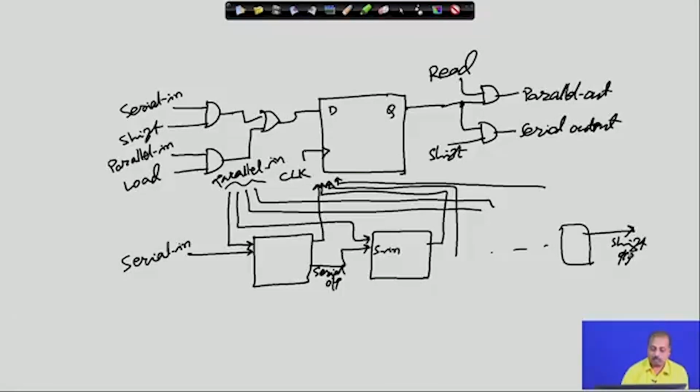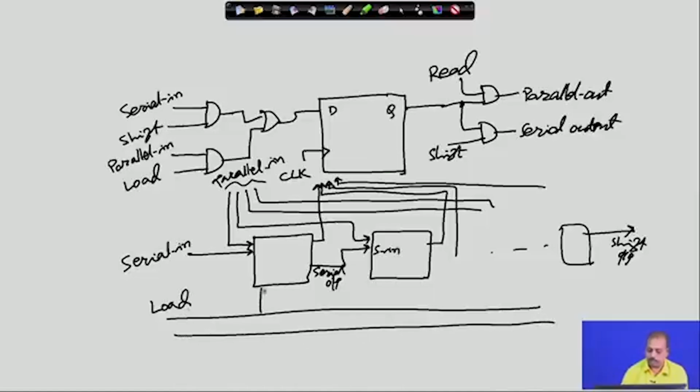Now, other controls like this load control and this shift control should be given to all the stages for doing the operation.